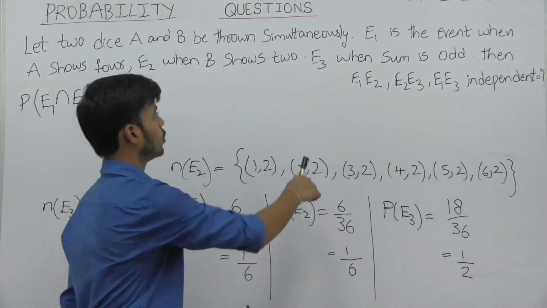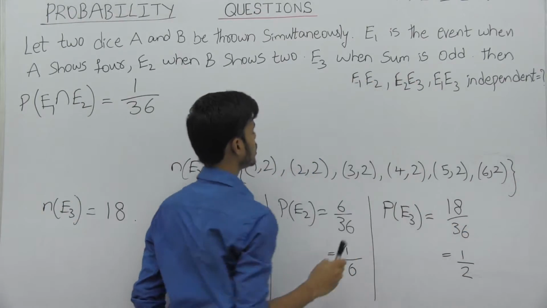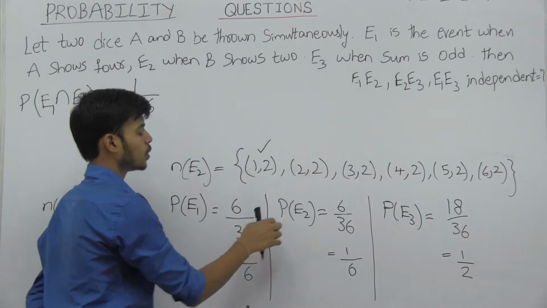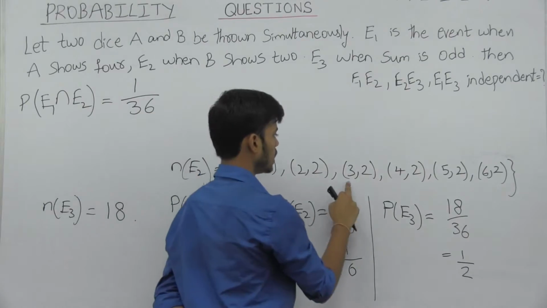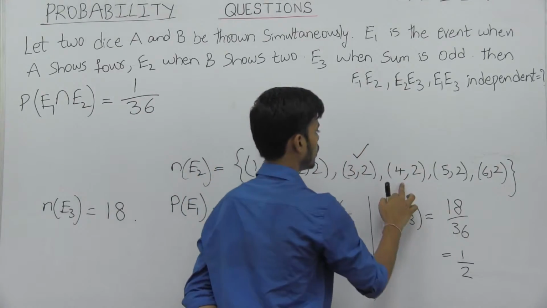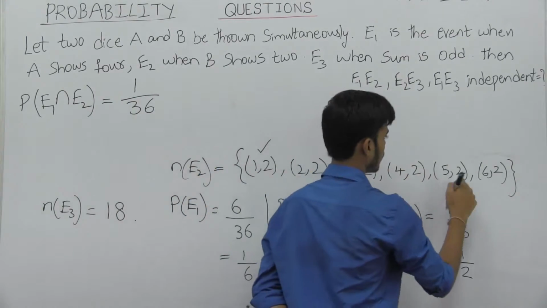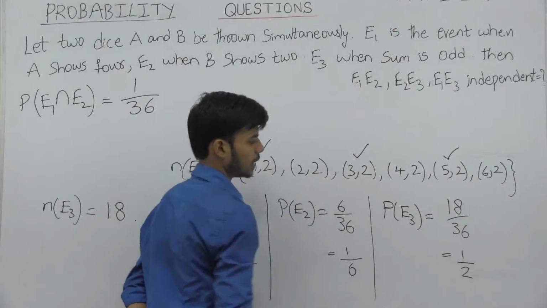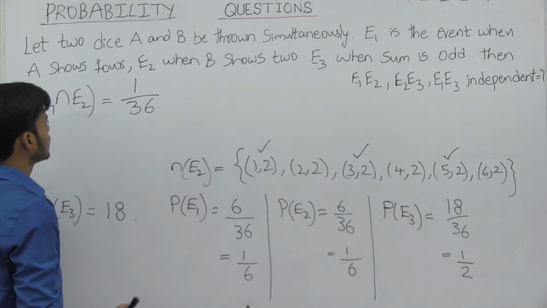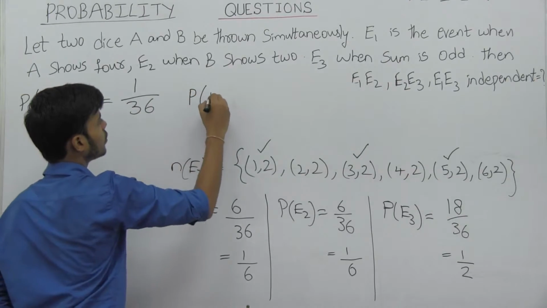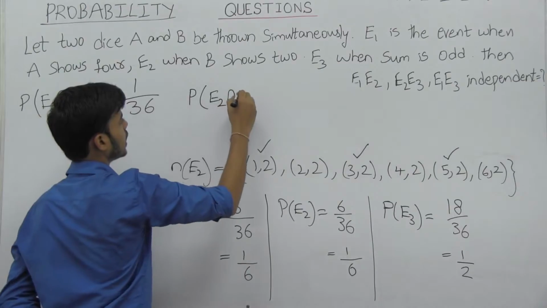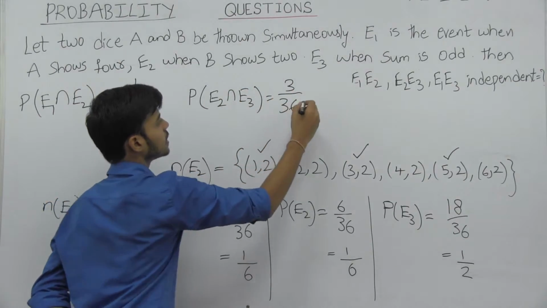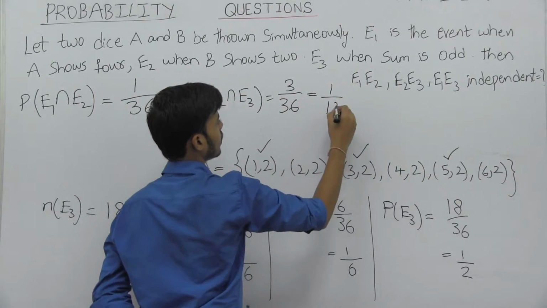Now we have to check when the sum is odd. 2 plus 1 is odd, so we have 1. 2 plus 2 is even. Now 3 plus 2 is odd. 4 plus 2 is even. 5 plus 2 is odd. So we have 1, 2 and 3. A total of 3 events, so the probability of E2 and E3 is 3 by 36, which equals 1 by 12.